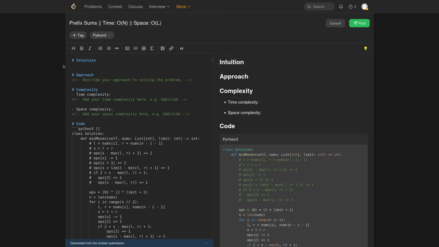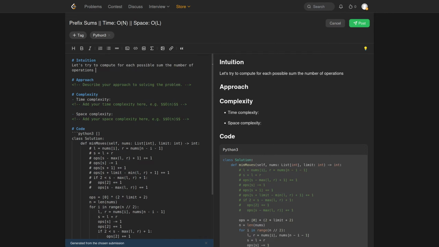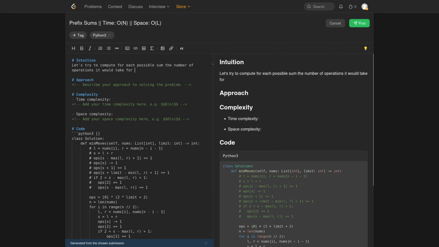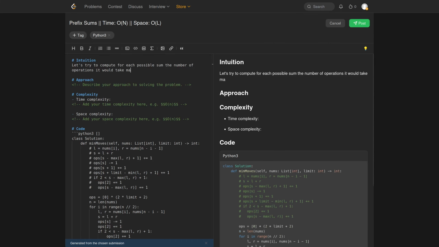Okay, so let's try possible sums, the number of operations it would take to make all pairs equal to it.